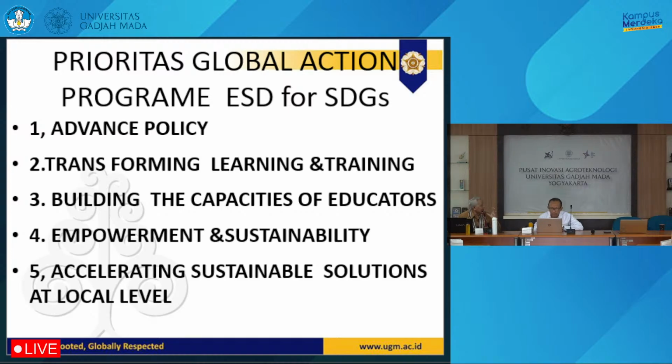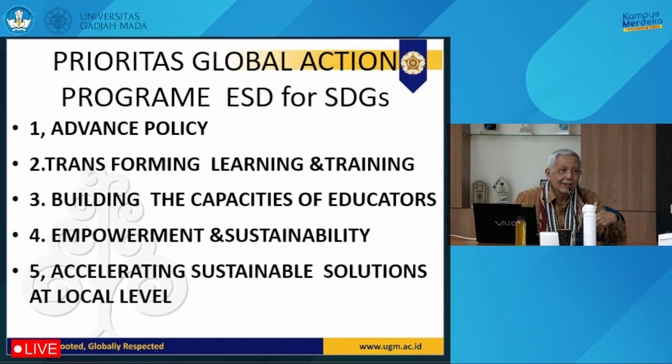There are 5 agenda. Advanced policy, transforming learning and training. So you come here, we can exchange our experience, and you see, you do, you feel, and you bring it to your country. So your mindset is already a global mindset.